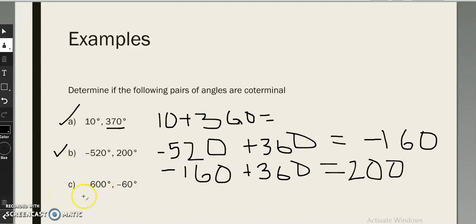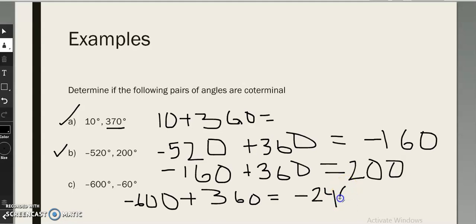And then last but not least, we have negative 60 and negative 600. Again, I can do the same process of just adding 360. Negative 600 plus 360 gets negative 240, which is not negative 60.